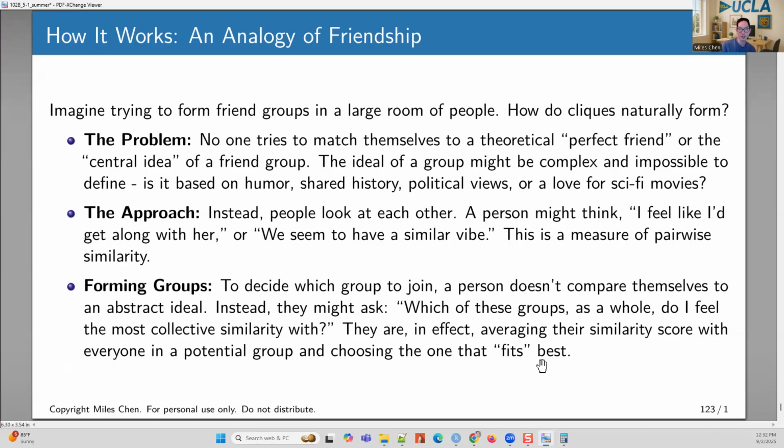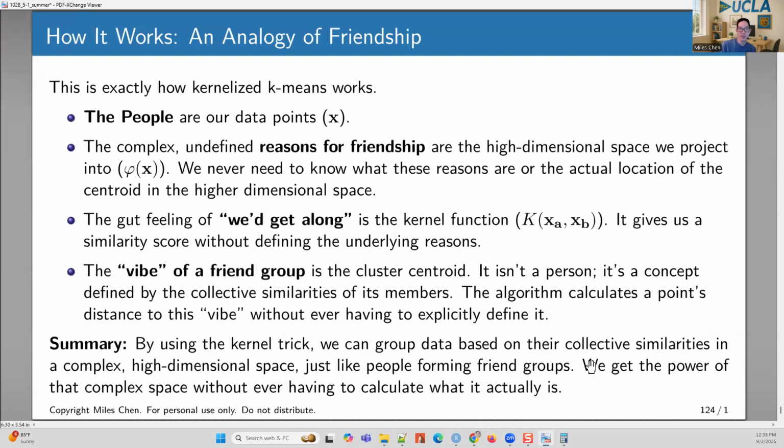So I wrote, to decide which group to join, a person doesn't compare themselves to the abstract ideal of the centroid, but instead asks which of these groups as a whole do I feel the most collectively similar with, looking at the pairwise similarities. You're effectively averaging their similarity scores with everyone in a potential group and choosing the one that fits the best.